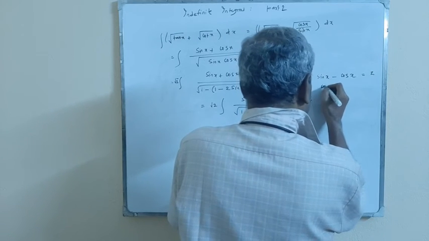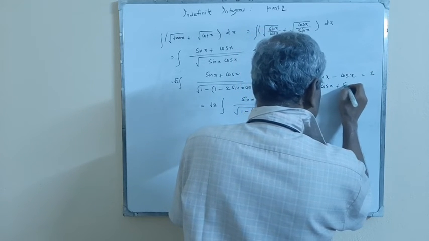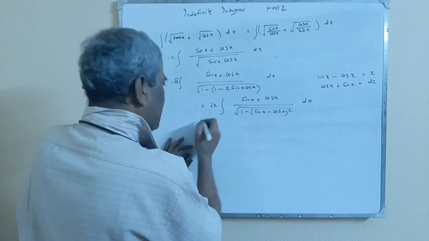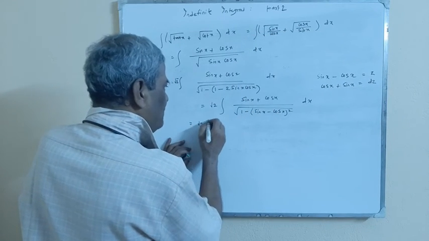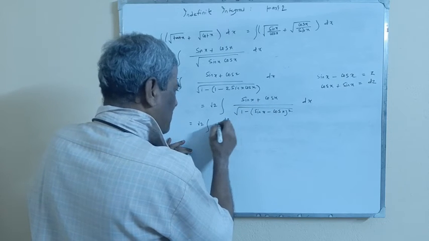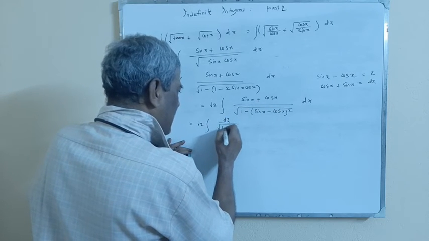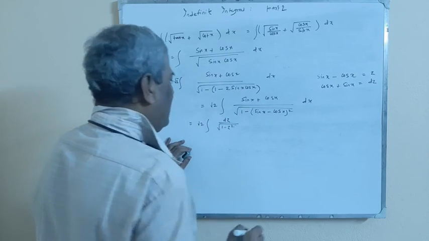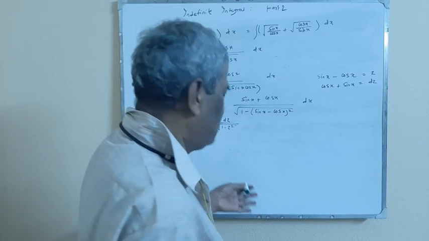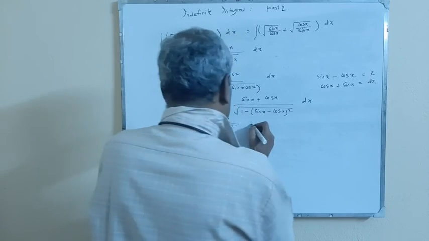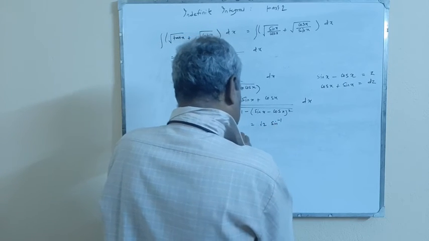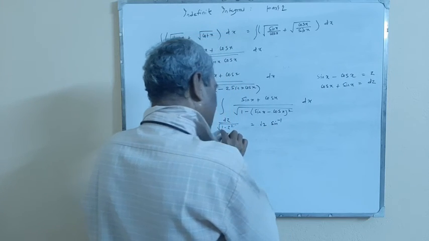So cos x plus sin x is equal to dz. So it is equal to root 2 into dz by root over 1 minus z square. So it's a standard form. It has a definite formula and it is equal to root 2 sine inverse z by a.